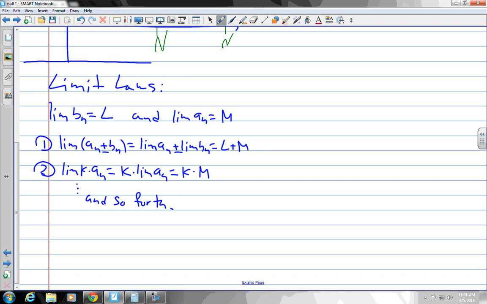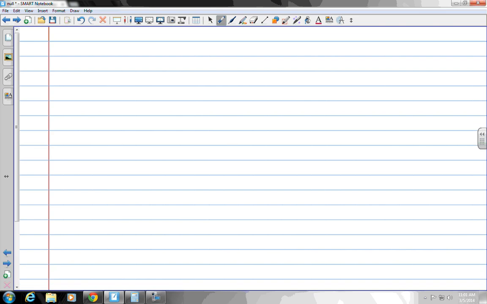So let's do a few examples. Again, we're just going to talk about whether something converges or not. Here's one sequence that is defined by 3 plus (-1) to the power n.